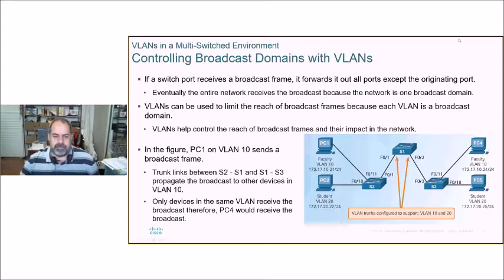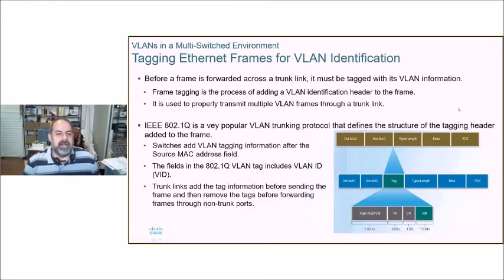The trunk links between switch 2 and switch 1, and between switch 1 and switch 3 will propagate that broadcast, but only other hosts on VLAN 10 will see it. So that student and that student will not see it, but this faculty host here, PC4, will see the broadcast because they're on the same subnet and VLAN.